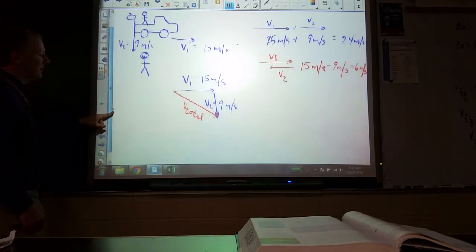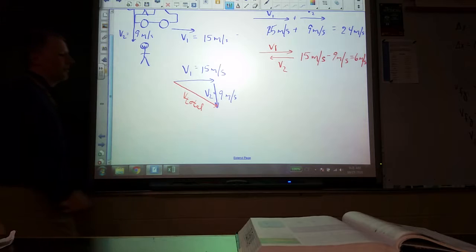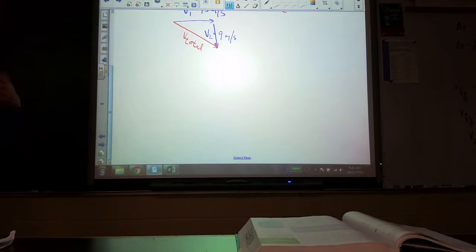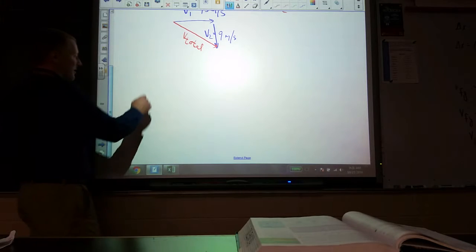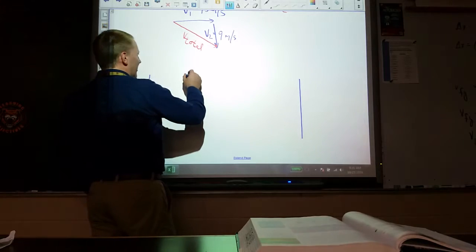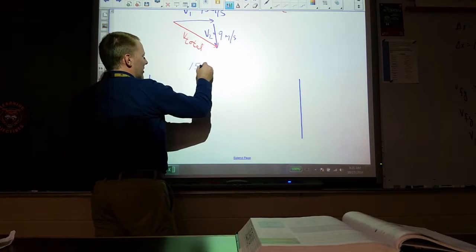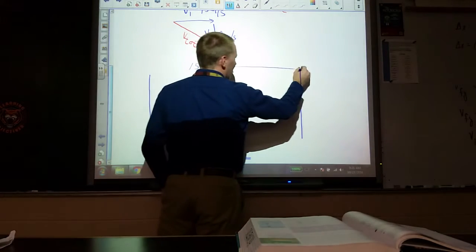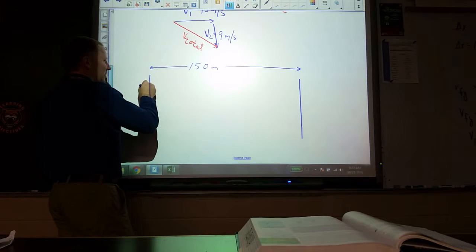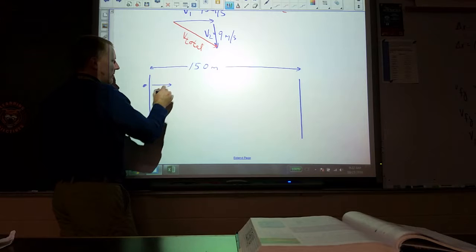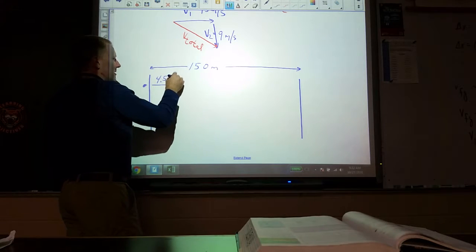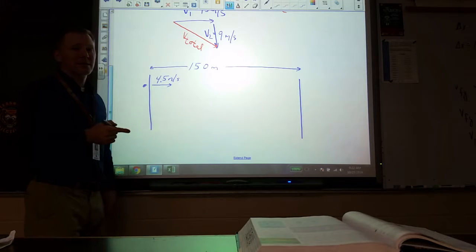A really common math type problem puts this in another perspective of a river. So let's say that you have a river to cross, and the river is 150 meters wide. And you start up here, and you can swim, you're a good swimmer, you can swim at 4.5 meters per second in calm water, but this is a river.